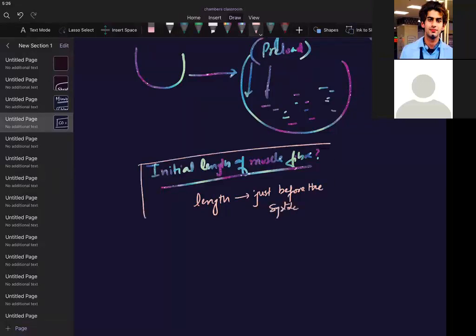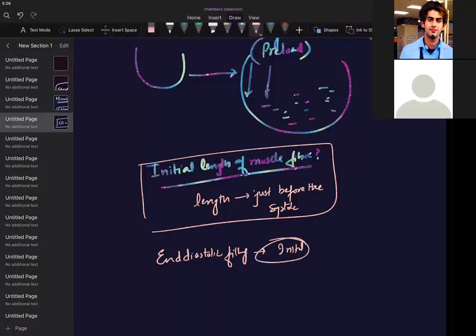Length just before the systole will be called the initial length. So that means that length will depend on the stretch, whatever stretch you are producing at the end of diastole, isn't it? So that's why I use that word. Can I say end-diastolic filling will determine the initial length?